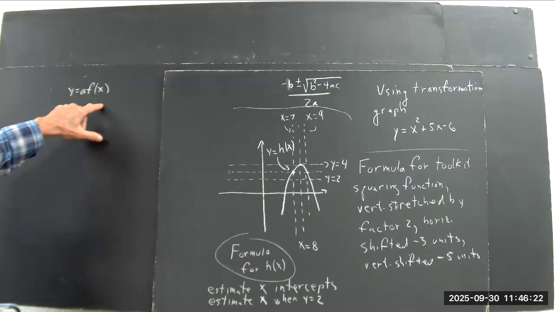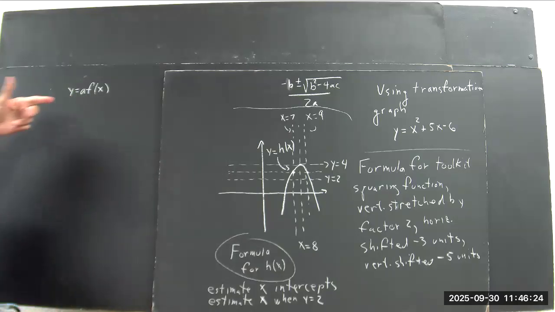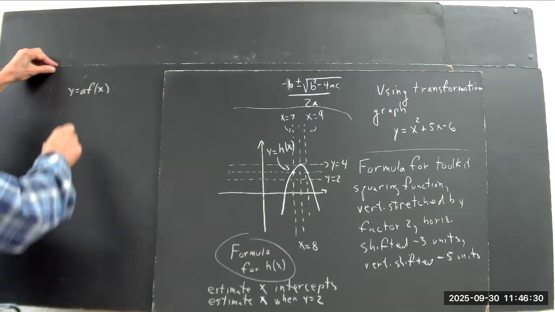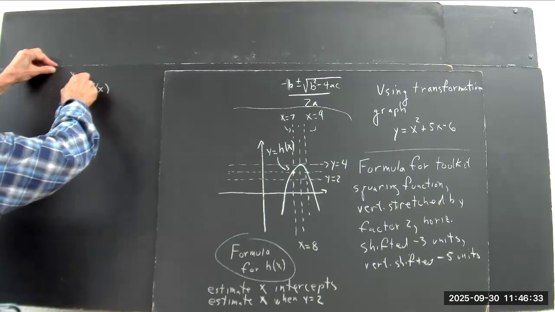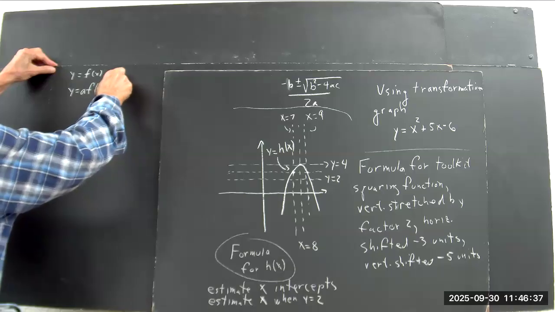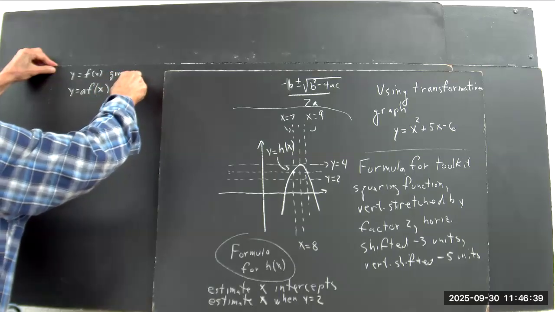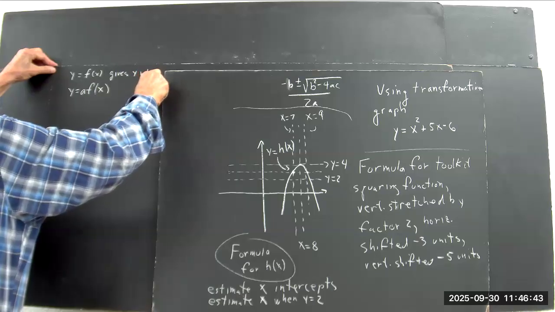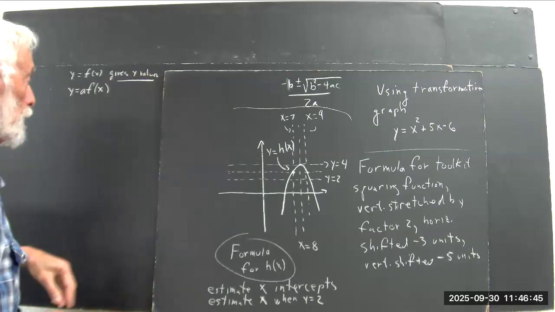y equals a f of x multiplies all the values of f of x, all the y values you get for f of x. Let's write it this way. y equals f of x gives you your y values.